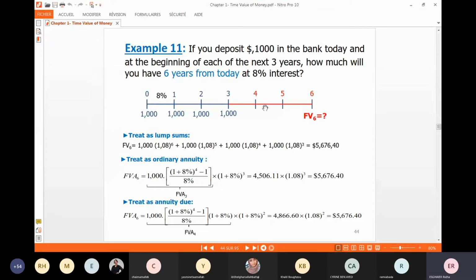From the perspective of year 3, if the future value date at which I will compute the future value of these 4 deposits is the date 3, this date coincides with the date of the last amount.